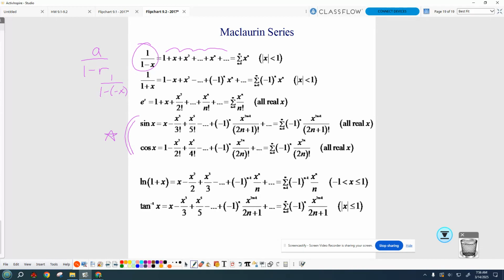These two, I recommend you know them, because AP will ask things like, give me the first 5 terms of that, or give me the 6th degree Taylor series that approximates that.